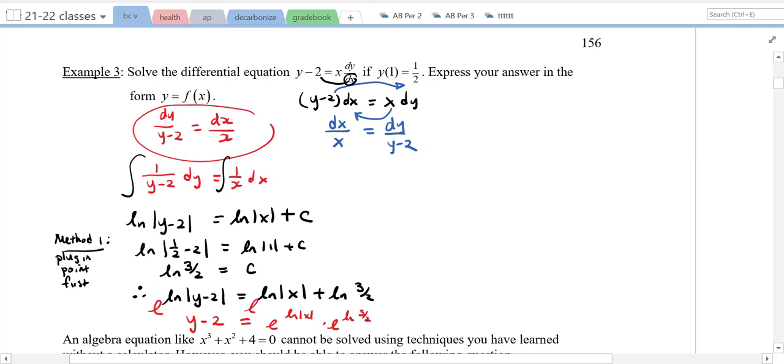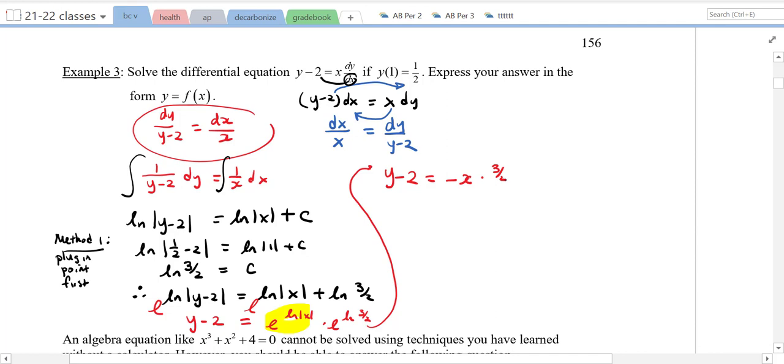Now you have to be a little bit careful here. Is this part here x or negative x? I hope you can realize that this just becomes y minus 2 equals negative x times 3 over 2.